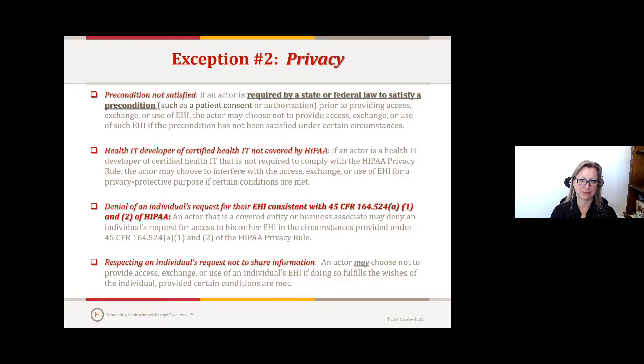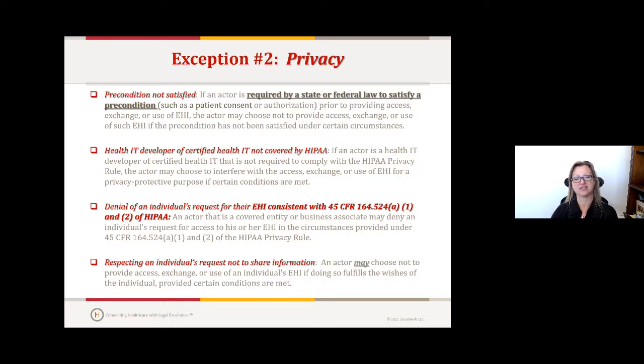There are 4 sub-exceptions. Precondition not satisfied. The first sub-exception is going to be the most frequent one you'll go to. In a nutshell, if a state or federal law requires you to satisfy something before you release information, most commonly consent, and you don't have that proper consent, and a third party is requesting the information, you can't release it because state law requires you to obtain consent first.